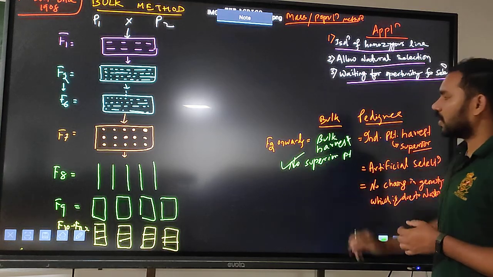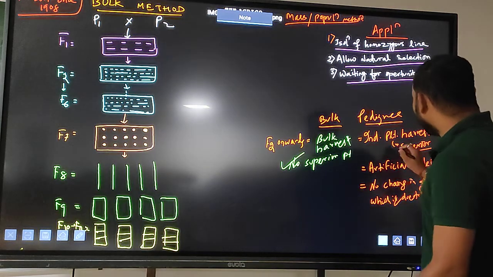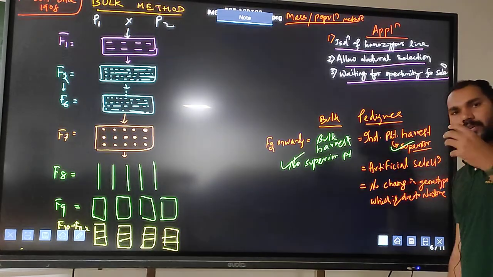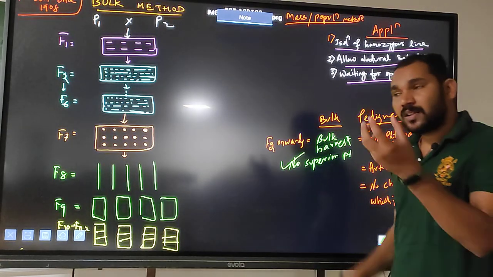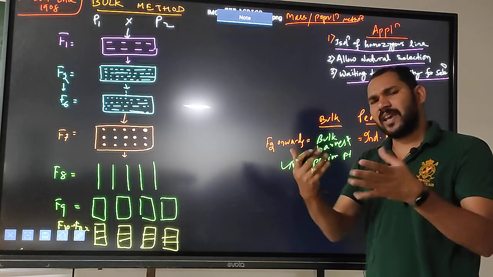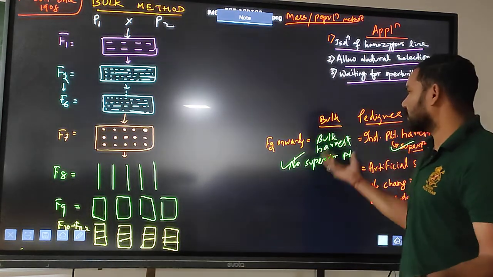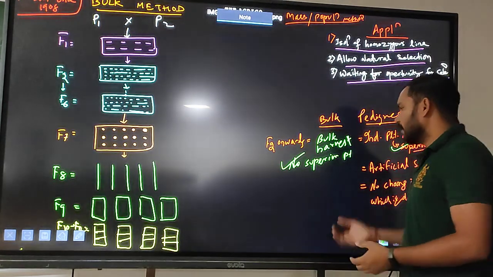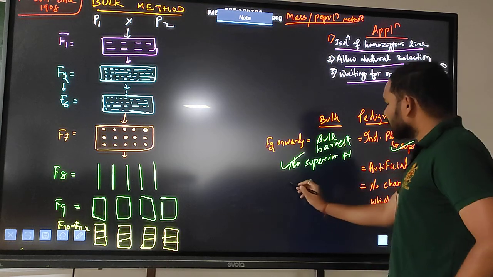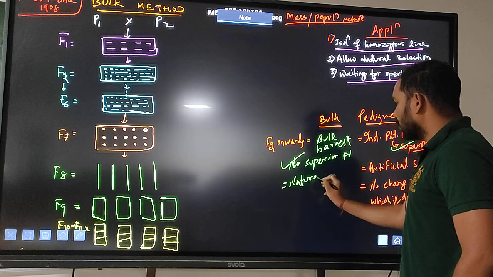In the pedigree method, we have to go for superior plant selection, then go for the individual harvest. But in case of the bulk method, as we are growing the crop, we just harvest it. That means here natural selection is there.